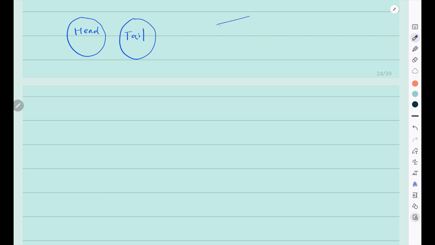Another example could be a dice. You might have played some kind of dice game. So this is a dice. Okay, so what happens when we toss a coin? There are two possibilities.